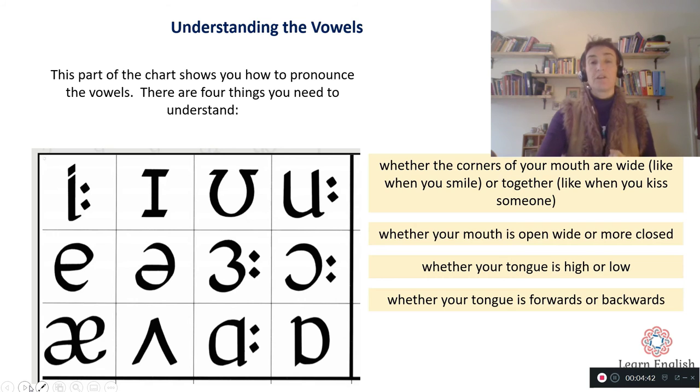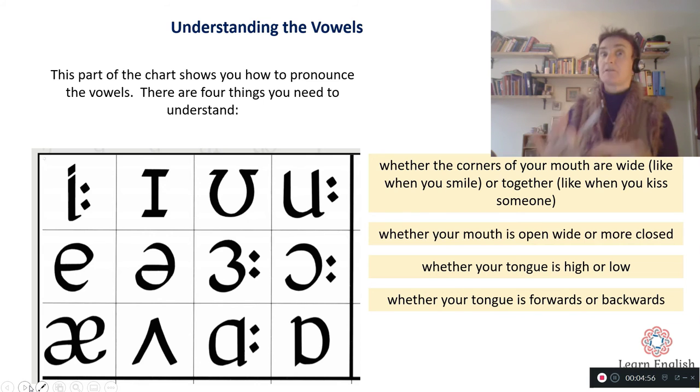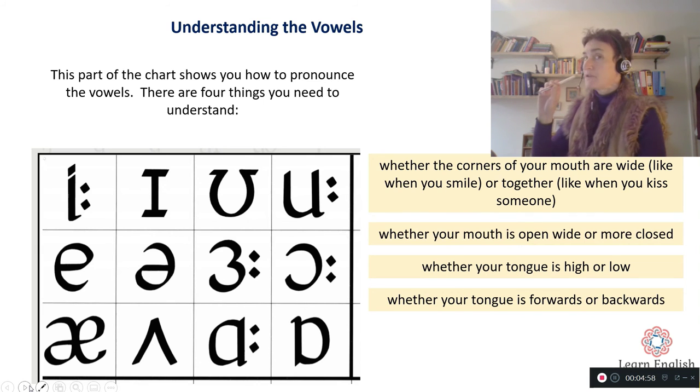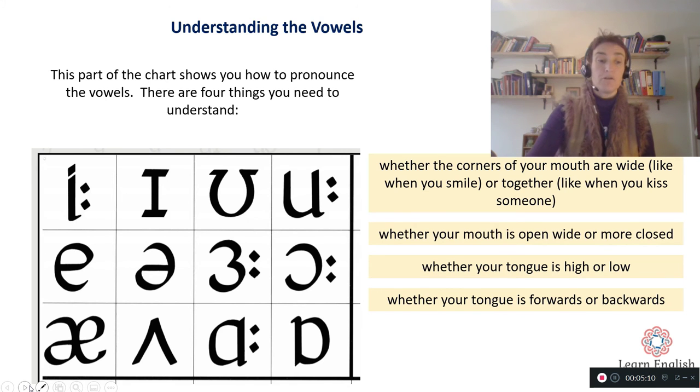And the final thing you need to know is whether your tongue is forwards or backwards, because actually to make these vowel sounds the tongue moves forwards and backwards in the mouth. I can show you. It looks a bit strange. So when the tongue is forwards, here, forward and backwards. And you should see the pen move.